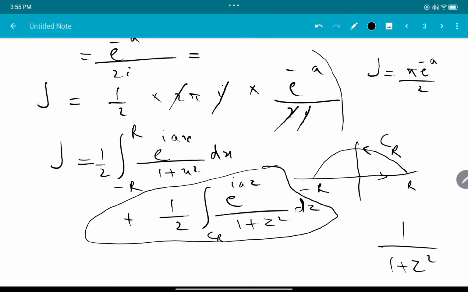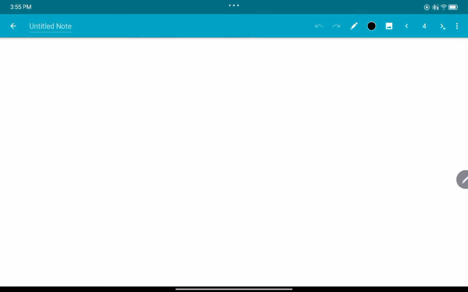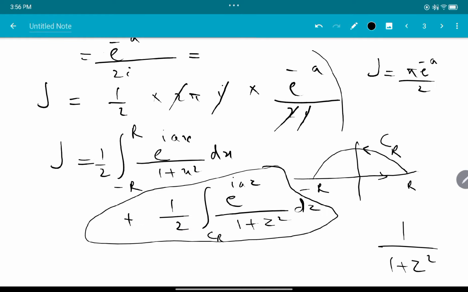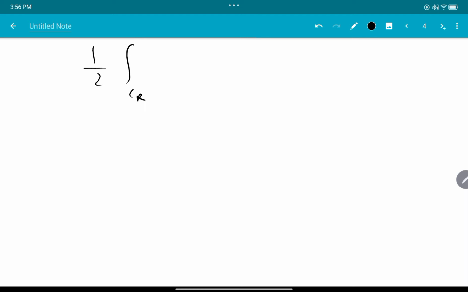We can write this CR integral, 1 by 2 integral over CR of e raised to I a z divided by 1 plus z square dz.